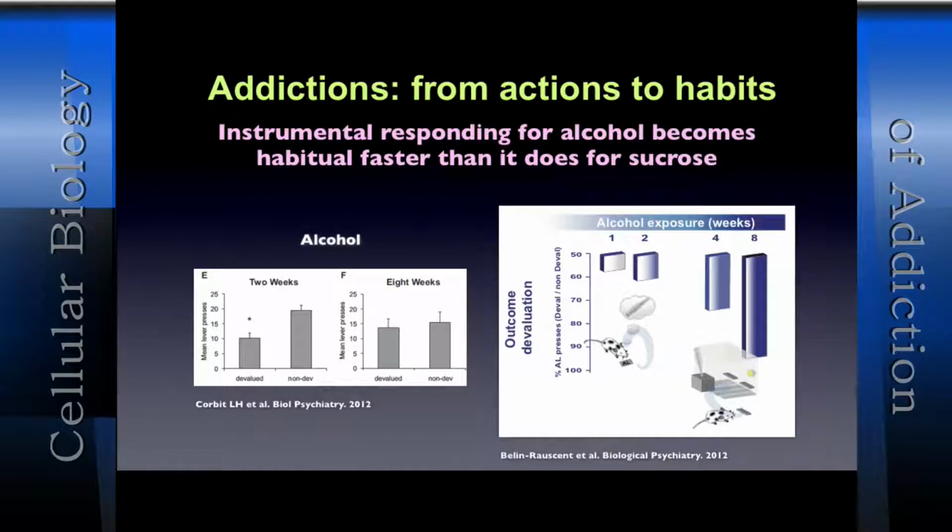And if you look at the time course, after 1, 2, 4 weeks, there's an increase in the magnitude of insensitivity to the devaluation. That shows you that the animal initially has a representation of alcohol before it presses, and then it's the context that drives completely its behavior.